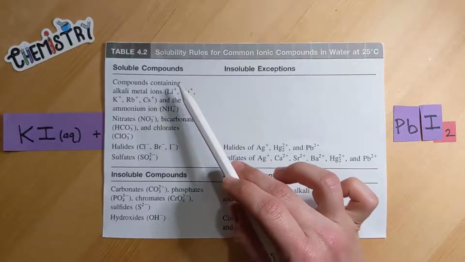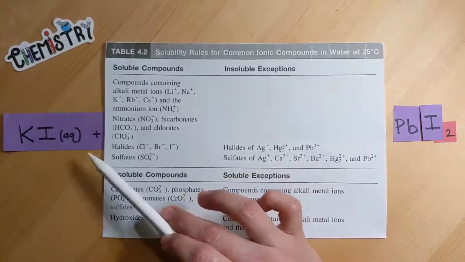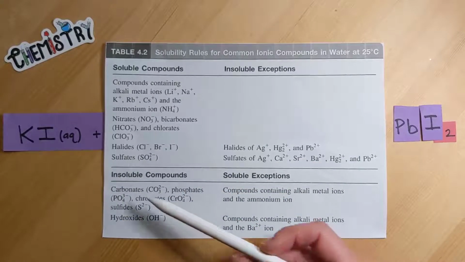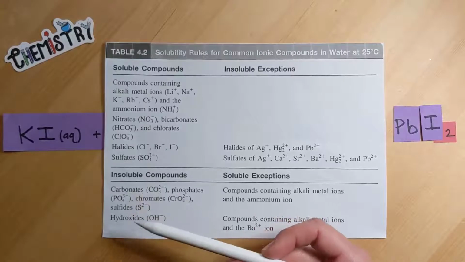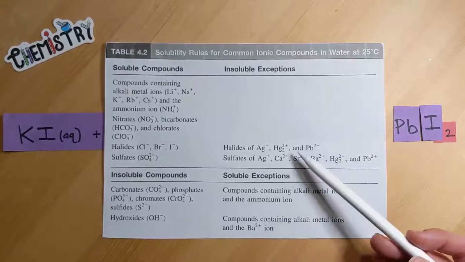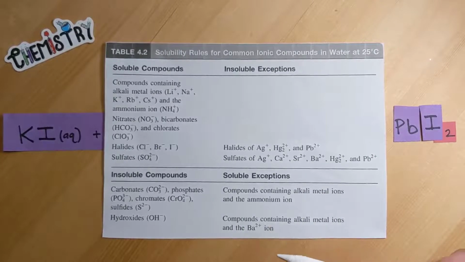So they would get an aq beside them, just like this, if they dissolve in water. However, if they are insoluble, that means they do not dissolve in water, and they would become solid. They would precipitate out of the solution as a solid. And we can read this chart to find out what would happen. There are a few exceptions, as we can see, so we'll look at that as well.